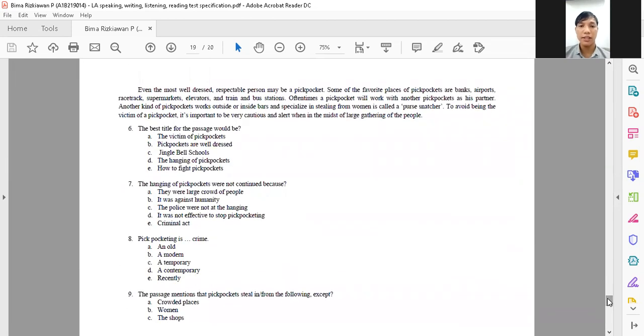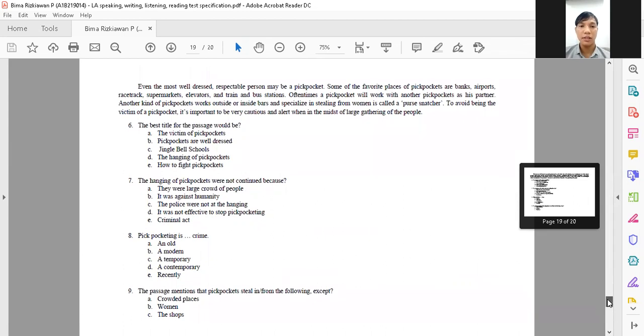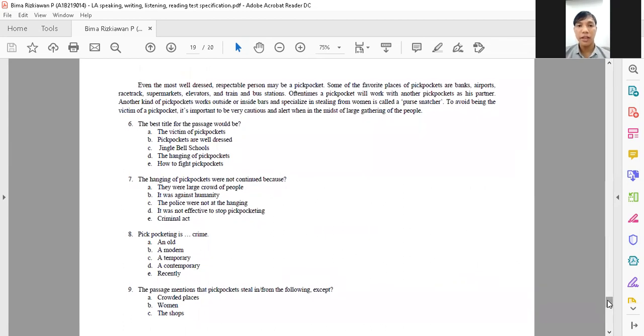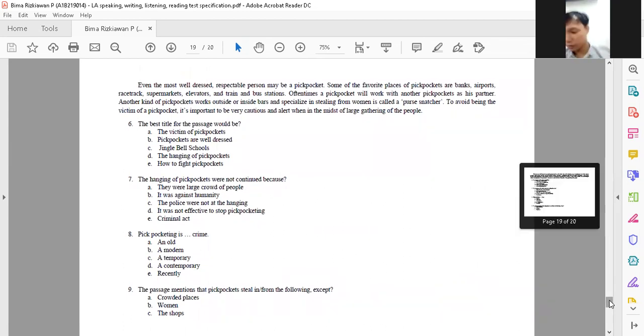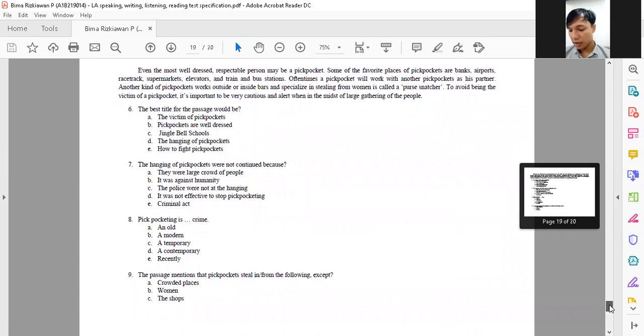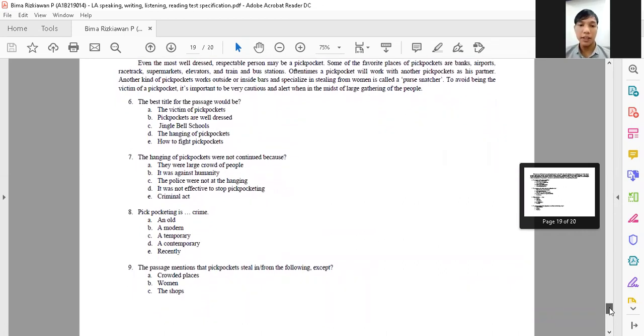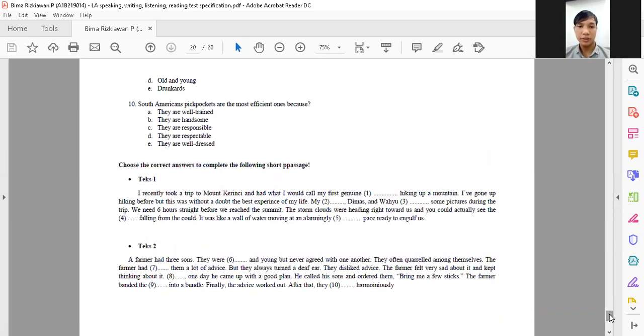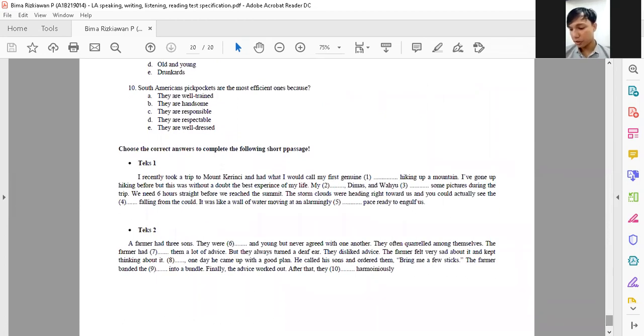And the next is identify the title of the text and find the word similarity. And the last is to fill the blank of the word from text 1 and text 2.